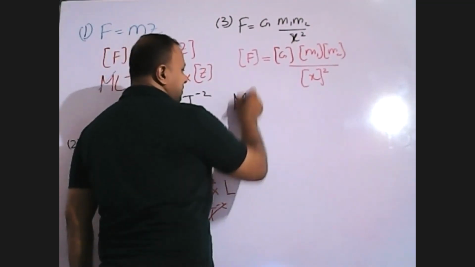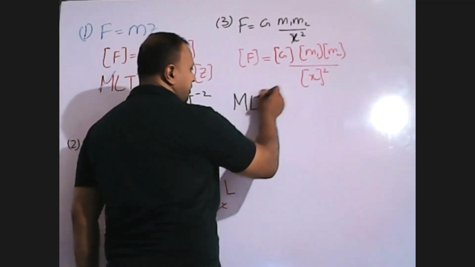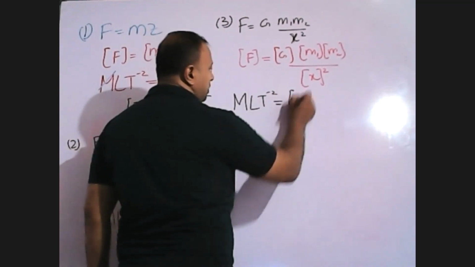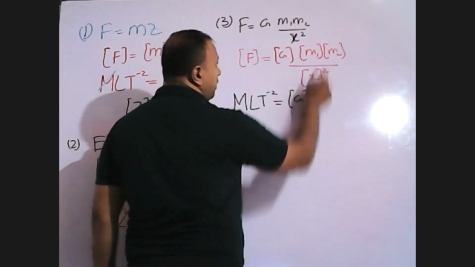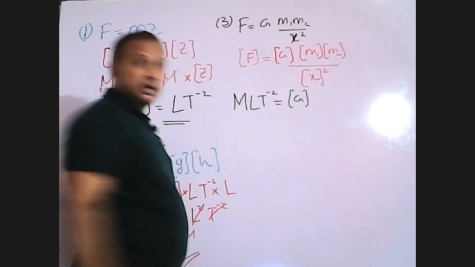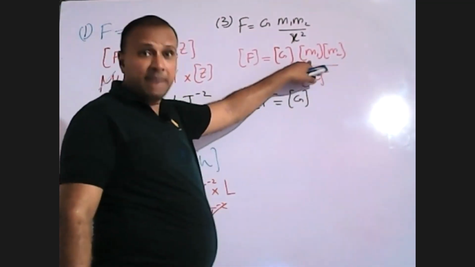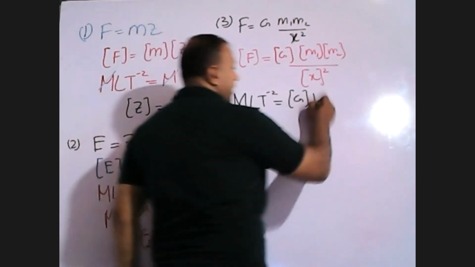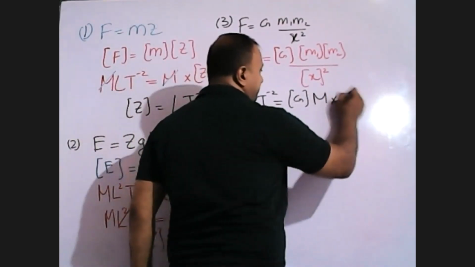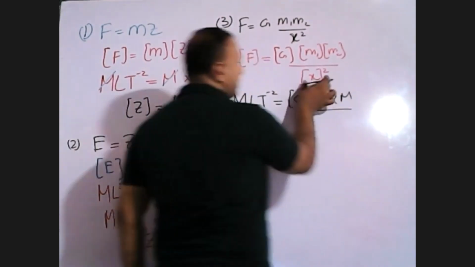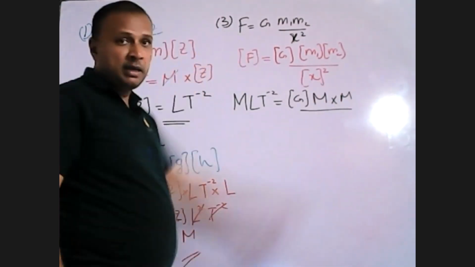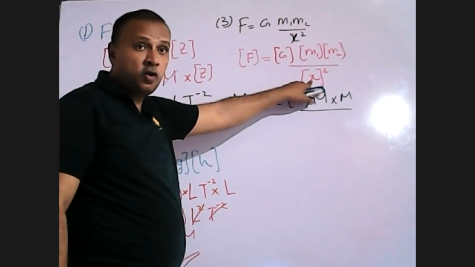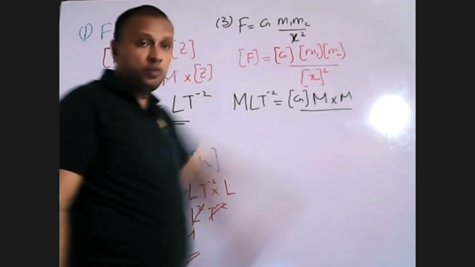Then you can replace them. Dimension of F is equal to MLT minus 2. So the dimension of G equals here. This is a mass and this is also mass. Mass into mass means M into M over L. This is a displacement, so it is L. L to the power 2 means L squared.